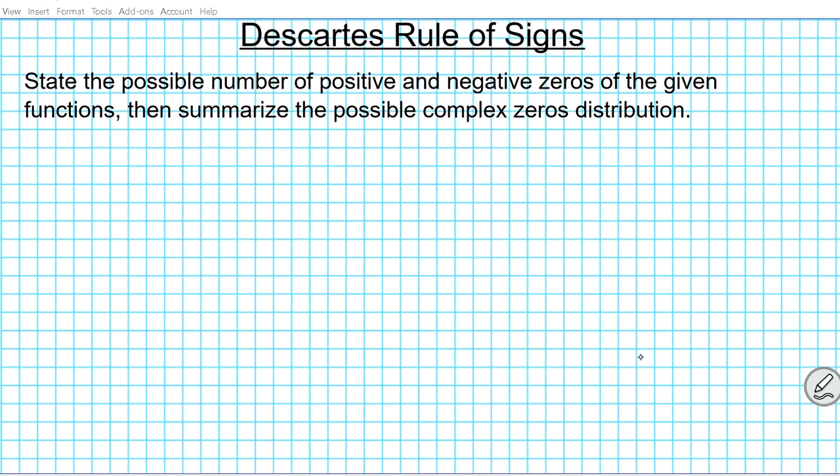All right, so the instructions for the examples we're working on are for us to state the possible number of positive and negative zeros of the given functions, and then we're going to summarize the possible complex zeros distribution using a chart.